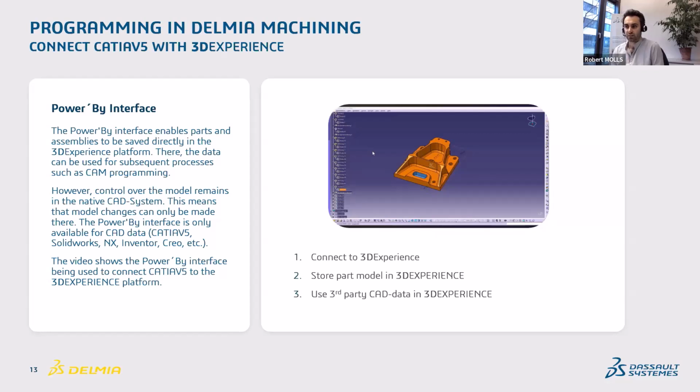We can also connect to different CAD systems via interface, so that we can work on that data as if it were native data. So for example, we can connect to CATIA V5, SolidWorks, but also third-party systems like NX, Inventor, and others.